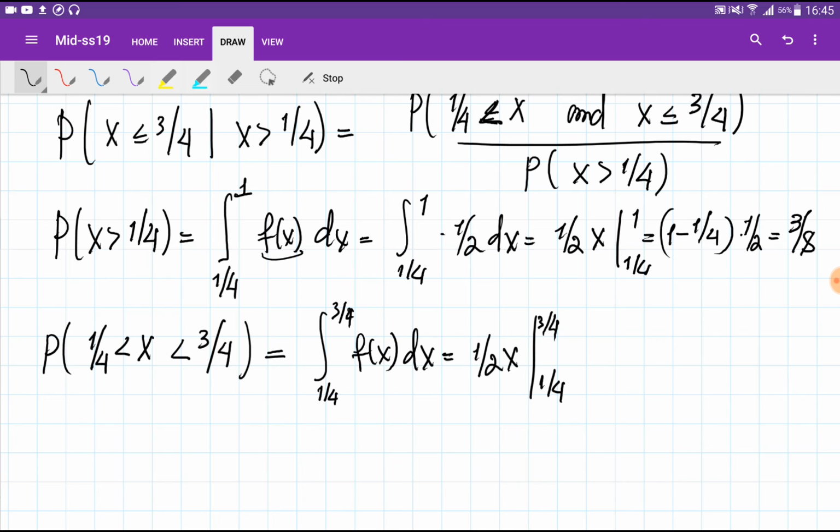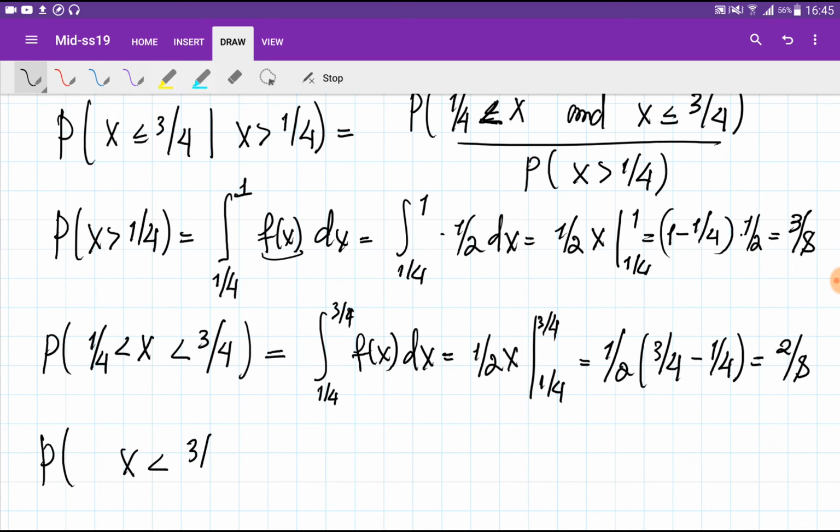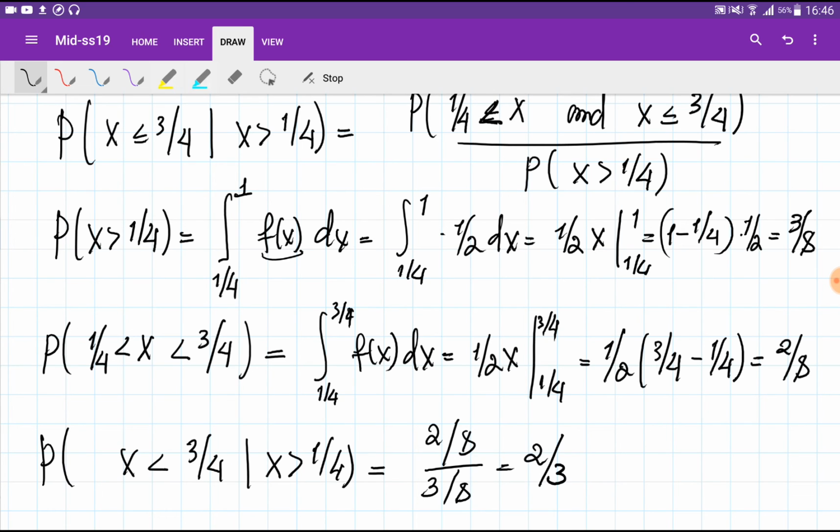If you put in the values and calculate this, it will be 3 over 4 minus 1 over 4, or 2 over 4, or 2 over 8, right? So then the probability that x is less than 3 over 4 given x is more than 1 over 4 is equal to 2 over 8 divided by 3 over 8, or simply 2 over 3.